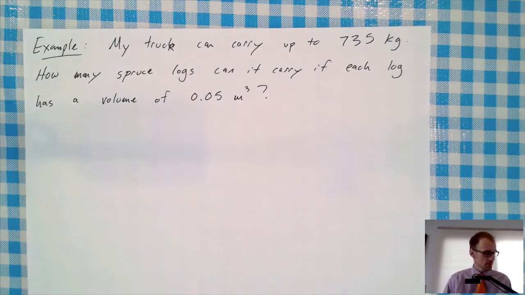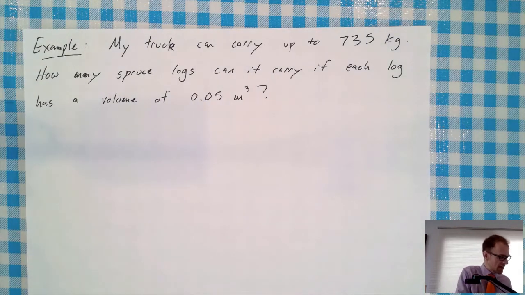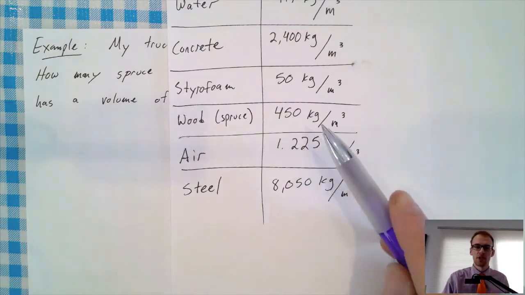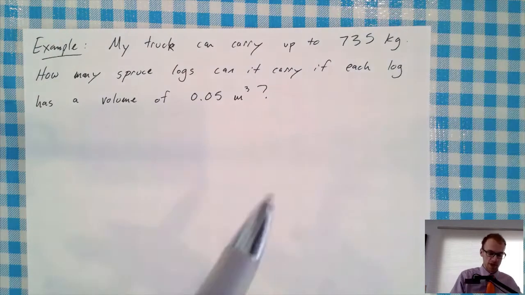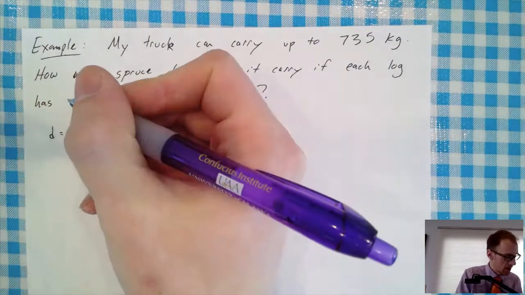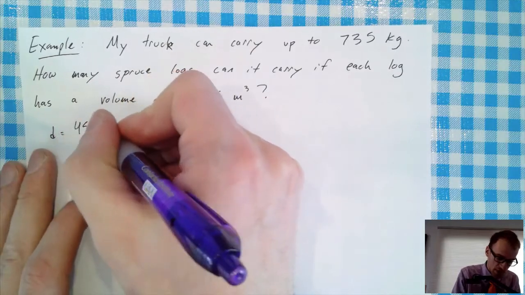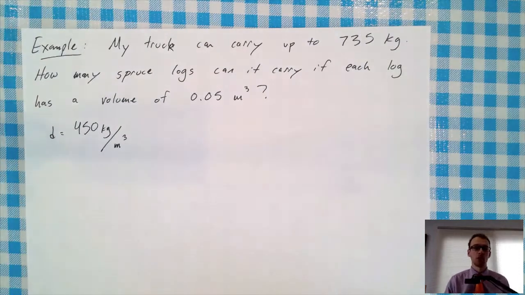Well, we're dealing with spruce logs, and in the last video I actually had the density for spruce logs, 450 kilograms per meter cubed. So we'll write that down. We know that the density of spruce is 450 kilograms per cubic meter. We're going to use that because that tells us the relationship between the mass and the volume of spruce logs.